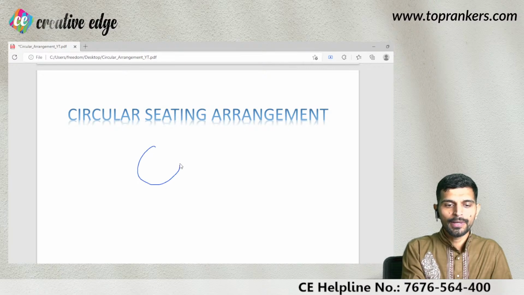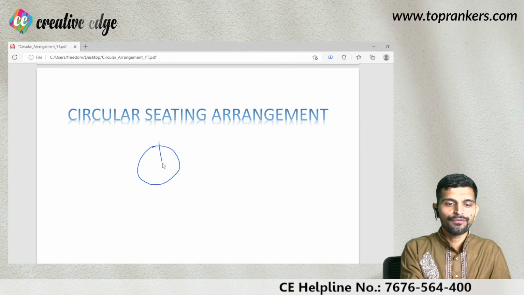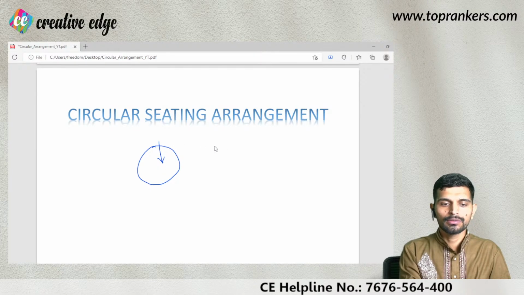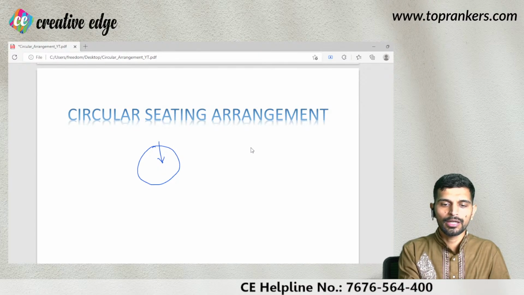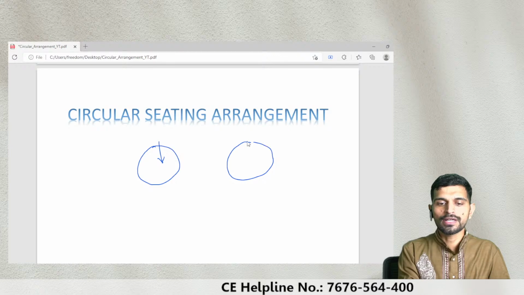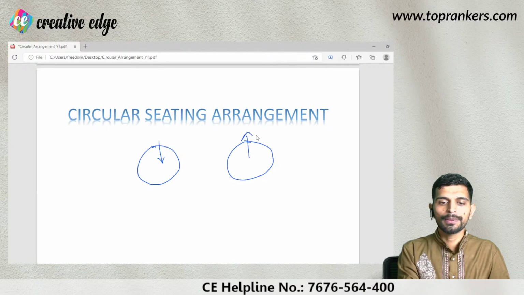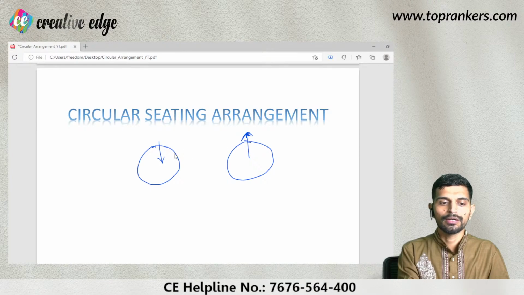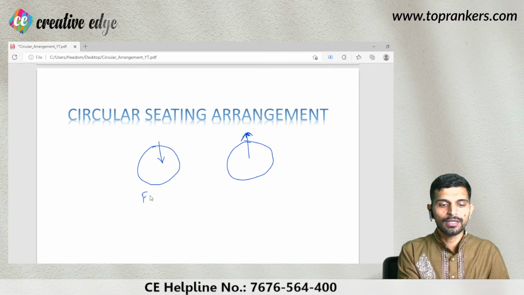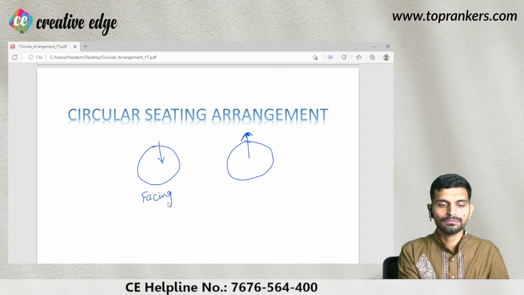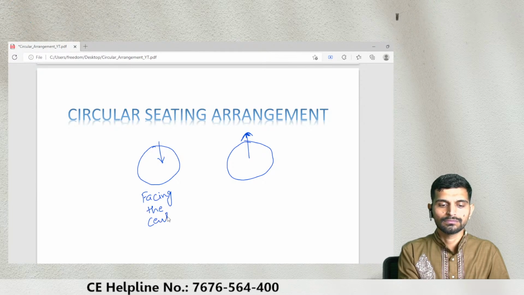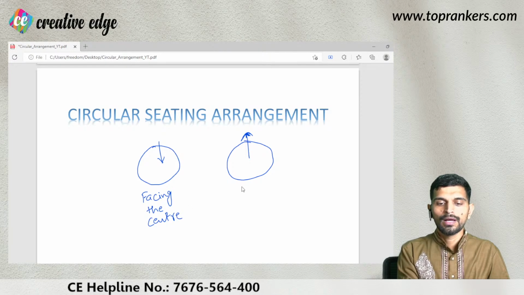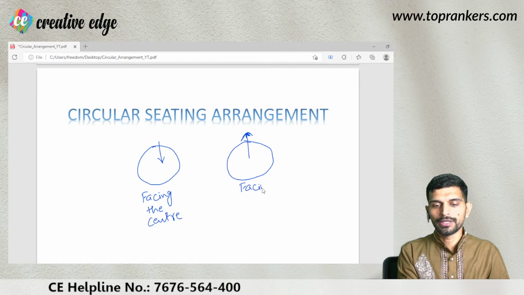One possibility is people sitting in an arrangement such that they are facing the center of the circle, or people sitting facing away from the center. So this is facing the center, and this is facing away from the center.